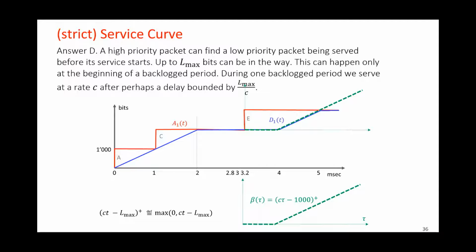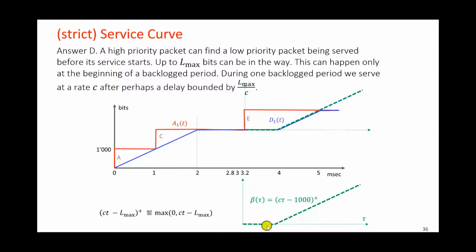This interruption can only happen because when the server visited the queue, there was nothing in the high priority queue. So during an interval where the high priority is backlogged, we are served at the rate C minus an interruption that is at most one packet of the low priority, which means exactly this function.